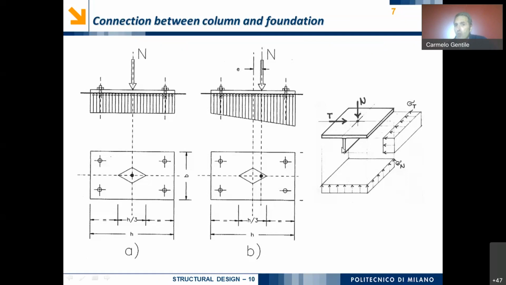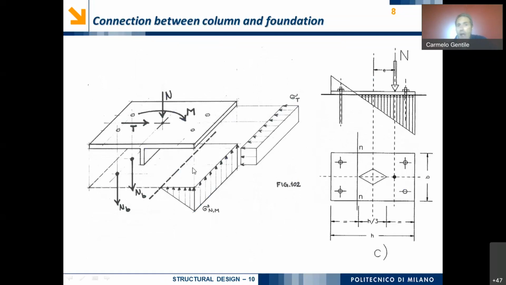And so the shear force in this case might be transferred not by using the bolts, but using this vertical plate. Good. Afterwards, of course, we have to make the strength verification of all plates depending on the distribution of acting pressures.